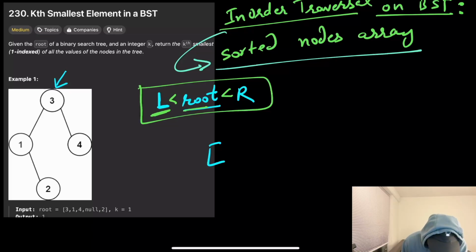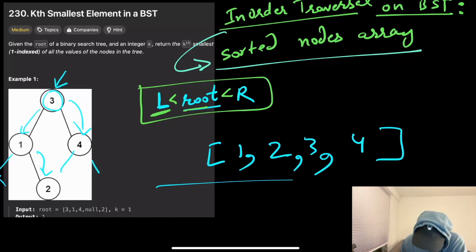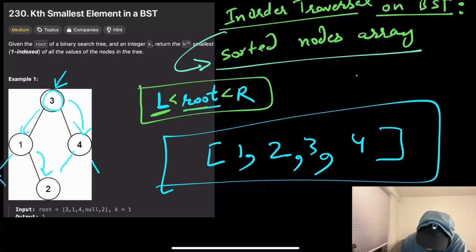Go to the left, process the left, there is nothing over here, come back, process the root, which is 1, then process the right, which is 2, go back, process the root, which is 3, and then come back to the right side, which doesn't have anything on the left, and process the root, which is 4. This is my in-order traversal array.